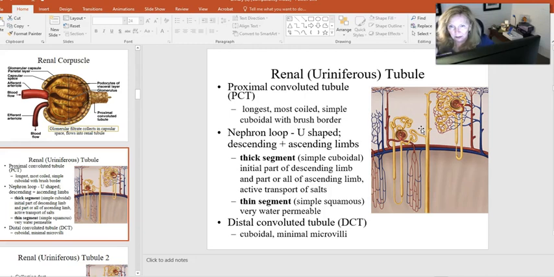The good stuff is being reclaimed, with only the excess water and the waste products supposedly remaining in this tubule. This is not called urine. It is not urine yet. While the reclaiming is happening, it's just filtrate. The kidneys have filtered the blood plasma, and it's called filtrate.